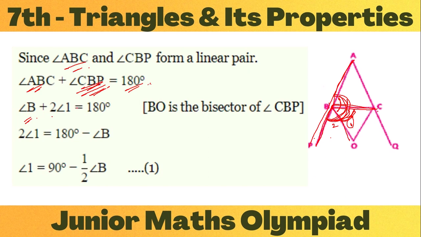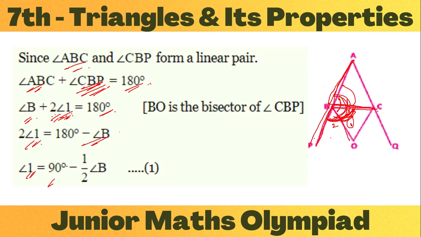If you take one part as angle 1, then it will be double of that one part. So let's take 2 of 1. In angle ABC we have angle B, and this is 2 times of 1. These two are equal to 180 degrees. So 2 times of 1 equal to 180 degrees minus B.